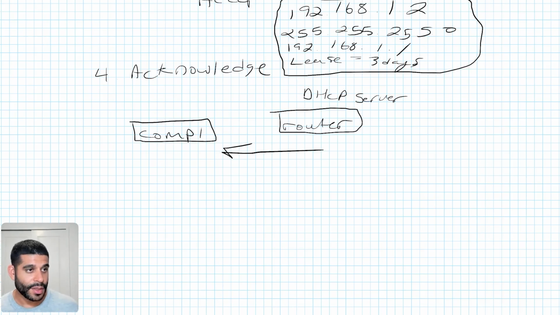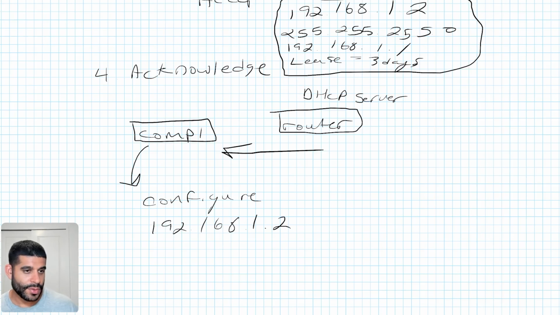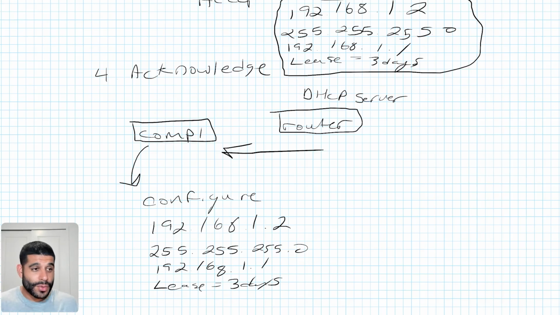This is where the client will configure based off of the IP address and everything that it chose: 192.168.1.2, subnet mask 255.255.255.0, default gateway 192.168.1.1, and lease 3 days. All this stuff gets configured on the fly by client 1, and now it has everything it needs in order to talk and go out to the outside world.